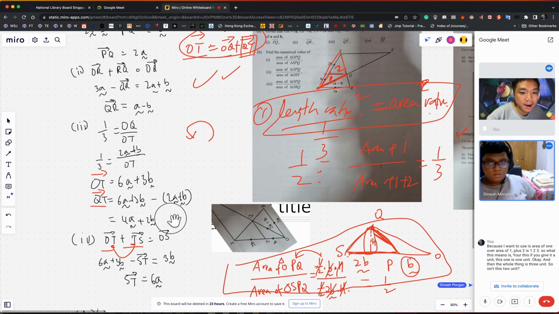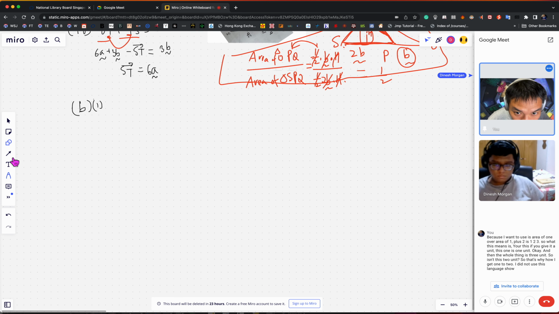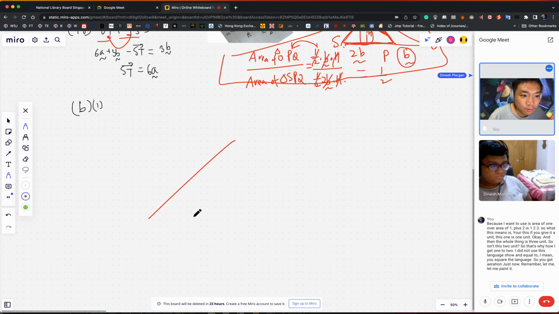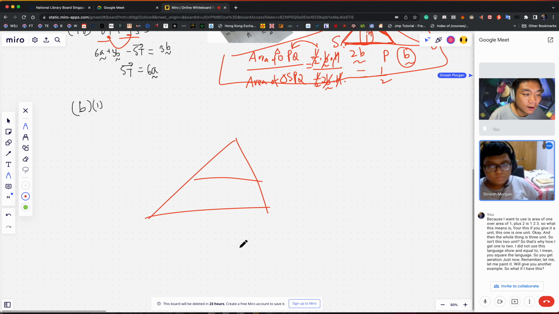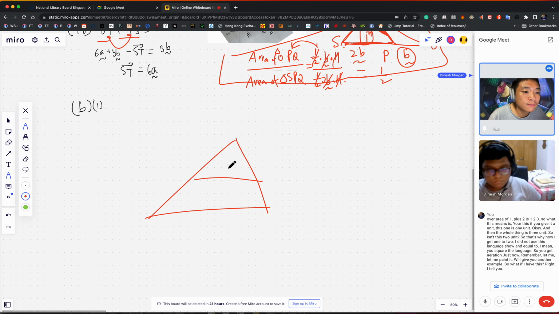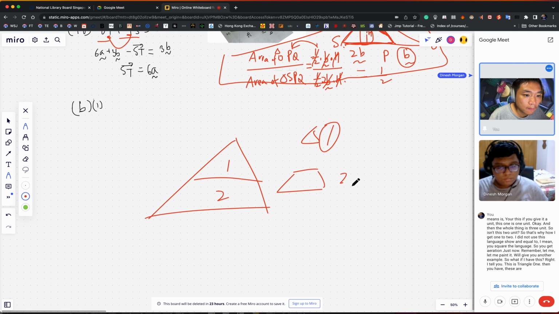Let me give you another example. So, what if I have this? Okay, this is triangle 1. Then you have this trapezium 2.